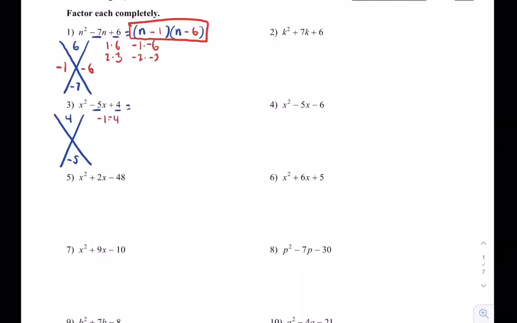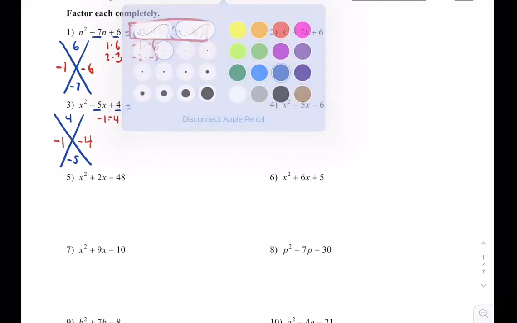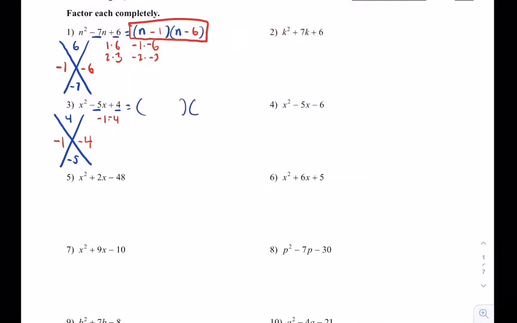So we have negative 1 and negative 4. Then we put that in our factored form. So our 2 parentheses. Now we're using x, so x. And then we put in our negative 1 and negative 4. So our factored form is x minus 1 times x minus 4.